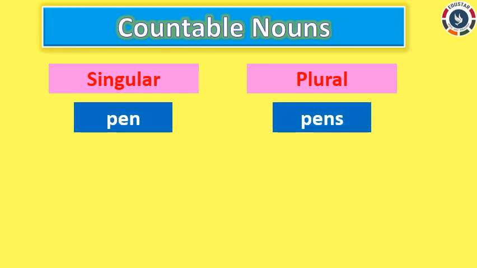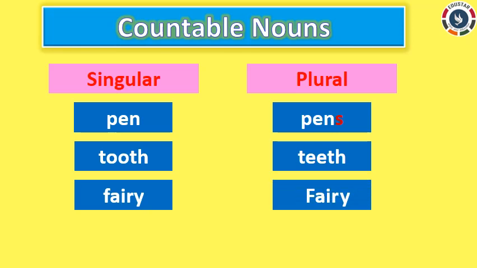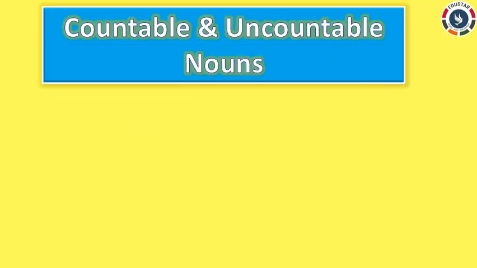Here we add only s. The plural form of tooth is teeth. Here we completely change the word. And the plural of fairy is fairies. Here we remove y and add ies. So, as usual, we can use the rules and form the plural forms.